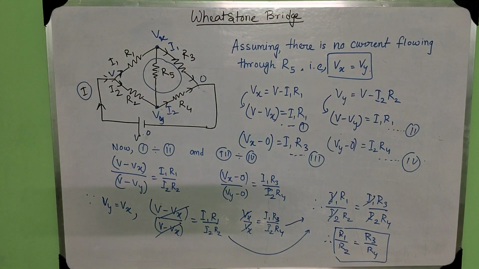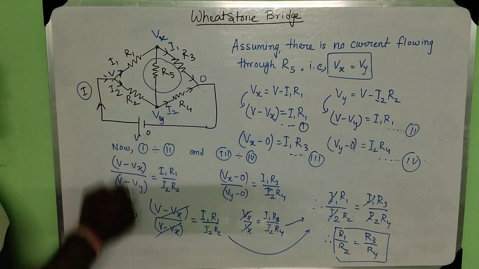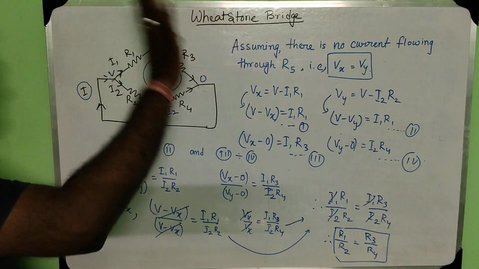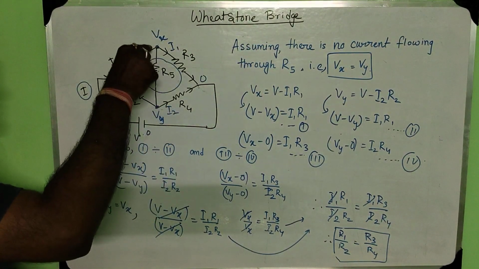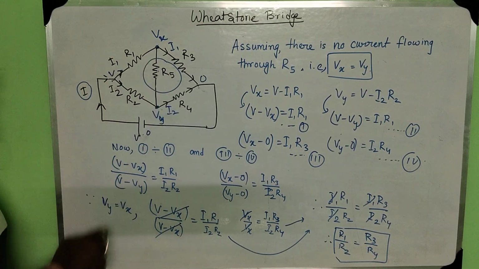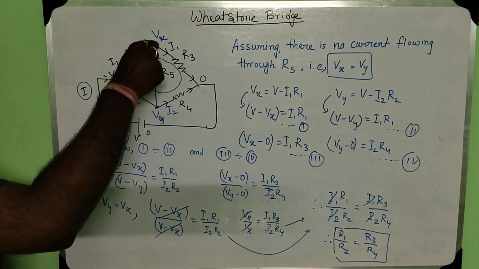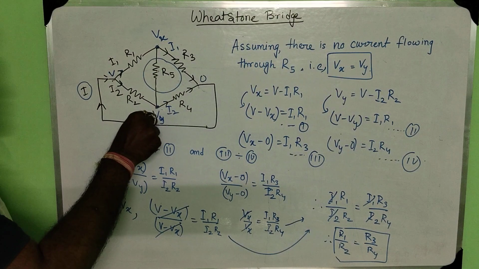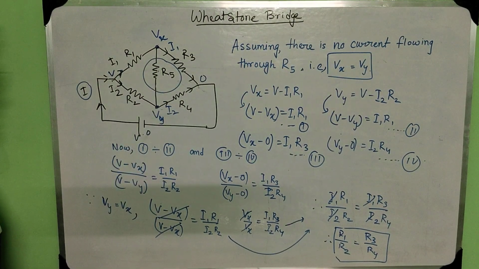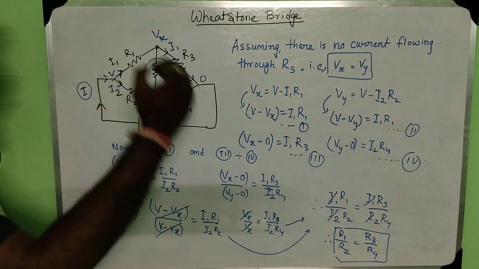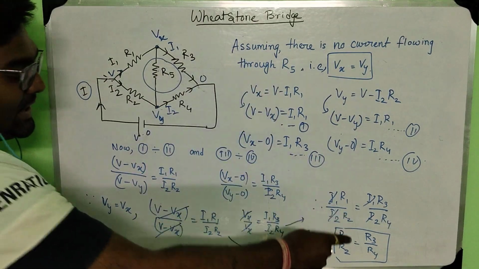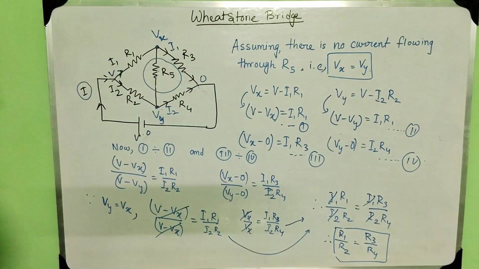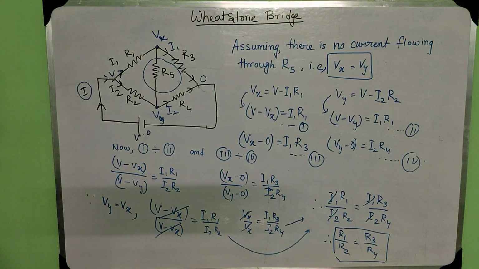The main concept is potential drop, and the first thing is that we have assumed that there is no current flowing in this branch. That means the potential at this terminal equals the potential at this terminal. If I assume this, only then can we get this relation, R1 by R2 equal to R3 by R4.